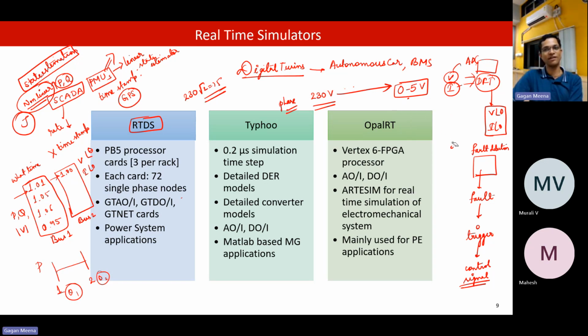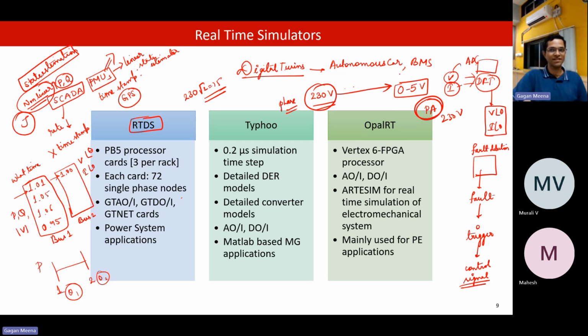Initially in RTDS, we were simulating 230 volts, but the output of RTDS is limited to only 5 volts. Now I want to give this output to a numerical relay which requires a 230 volts input. So how to make this 5 volt into 230 volt? That is done using power amplifiers.